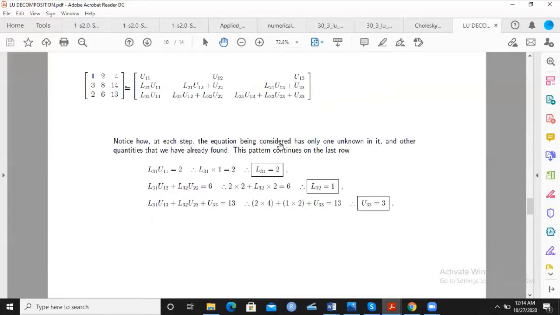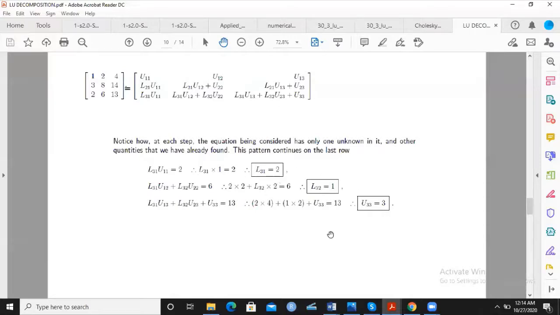Notice how at each step the equation being considered has only one unknown in it and other quantities that we have already found. This pattern continues on the last row. So if I have L31 U11 is equal to 2, I know U11 is 1, therefore I can substitute 1 here and I can obtain L31.